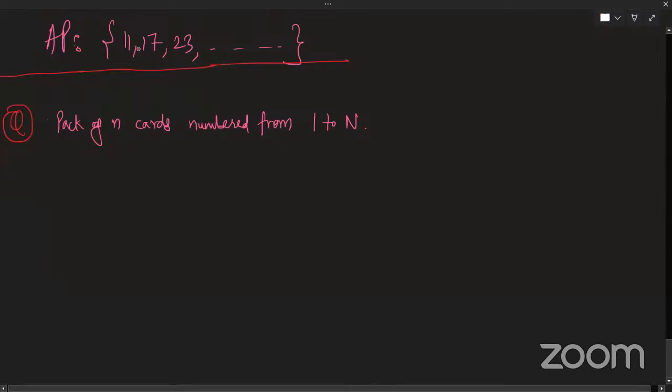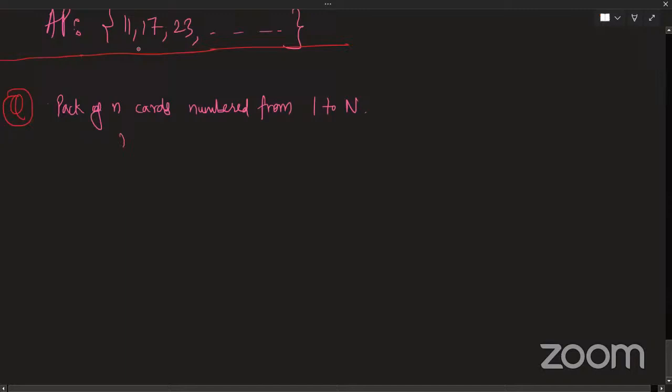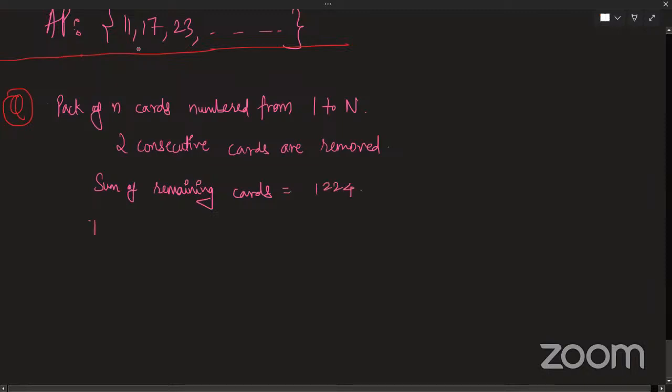From that, 2 consecutive numbered cards are removed, two consecutive integers. And the sum of the remaining cards is equal to 1224. If the smaller of the numbers on the removed cards is k, find k minus 20.